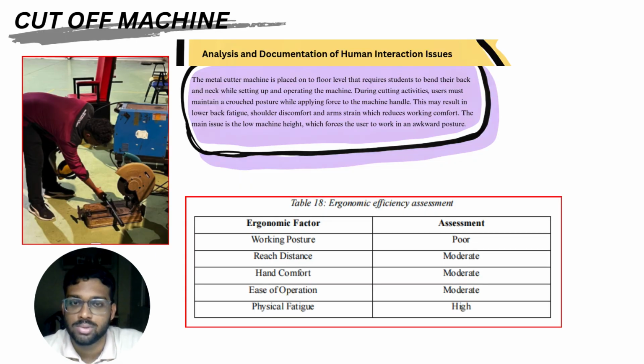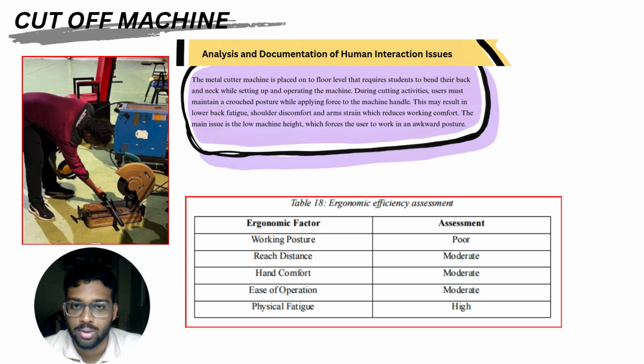This slide shows the existing cut-off machine currently used in our FKP workshop. From our observation, the machine is placed directly on the floor. Because it is low in height, the user needs to bend their back and neck while setting up the material and operating the machine. In some situations, the user may also need to squat or kneel down.